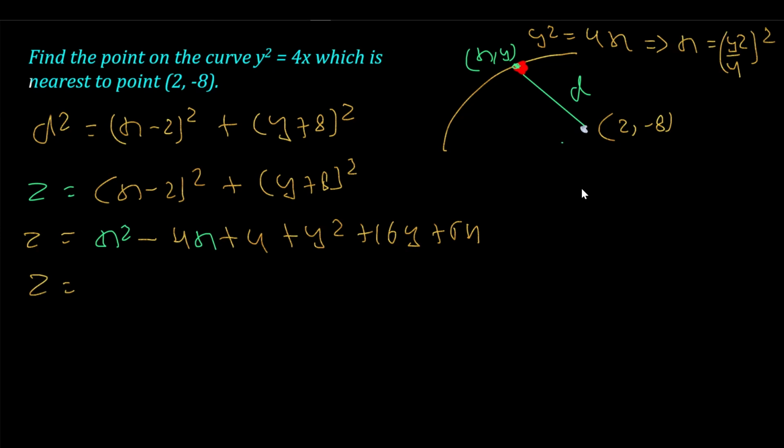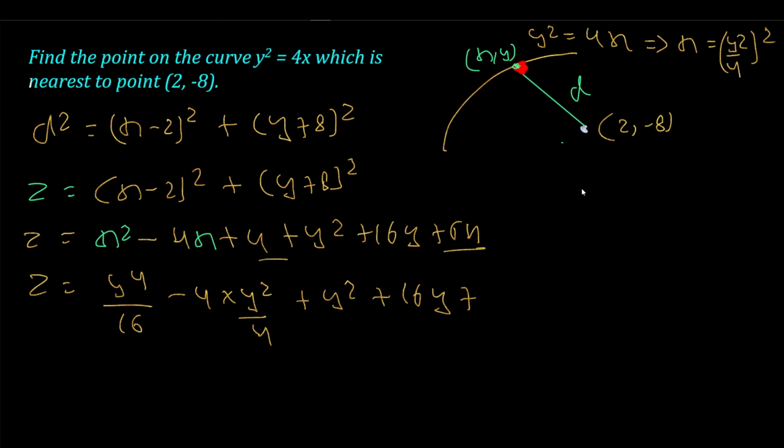That means this is y square, and what is square of 4? That is y square whole square, that is y raised to the power 4, and 4 square is 16, minus 4 times x, replacing x with y square over 4. And then I'll write y square first, plus y square plus 16y, and these two will be added to give you 68.